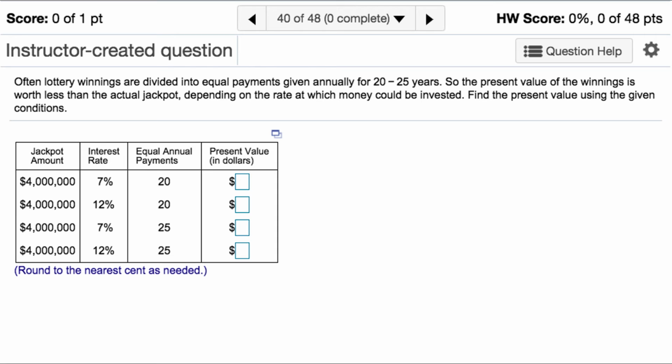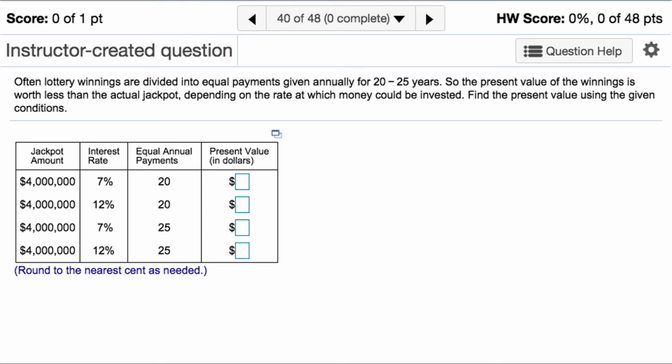They would either give you 20 payments that add up to $4 million, or they would give you some amount of money that they have on hand right now, which could have been invested to pay out the $4 million. So that's what we're trying to find: how much do they need to have on hand. If they want to pay you $4 million over 20 years, and they assume their investment can make 7% interest, how much money do they need right now?